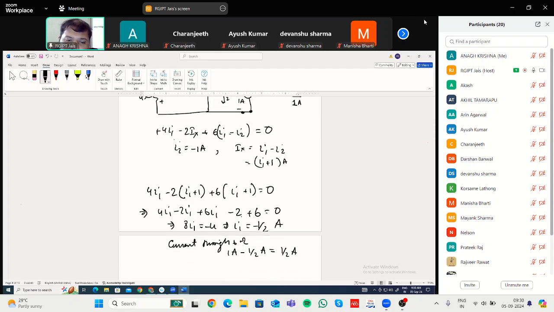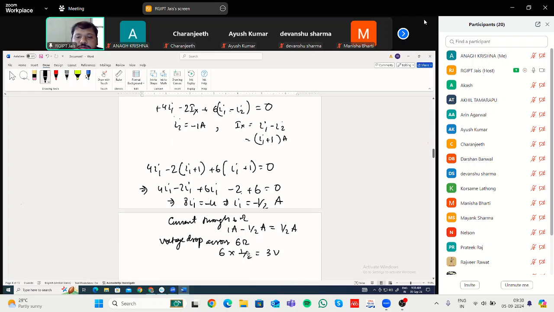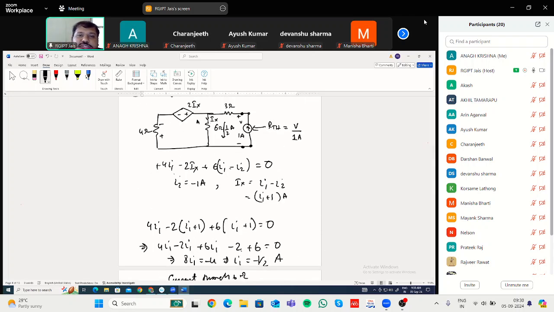So what is the voltage drop across this 6 ohm resistance? That is 6 multiplied by the current half, that is 3 volt. There will also be a voltage drop across this 3 ohm resistance because 1 ampere current is flowing in this direction.